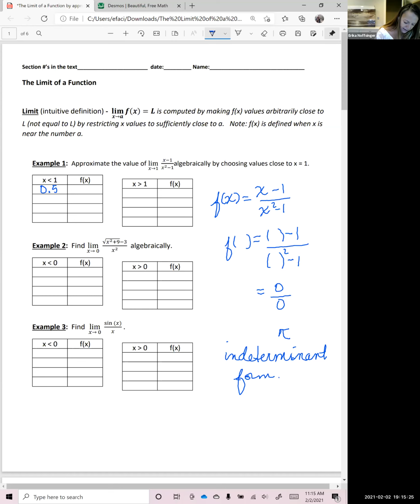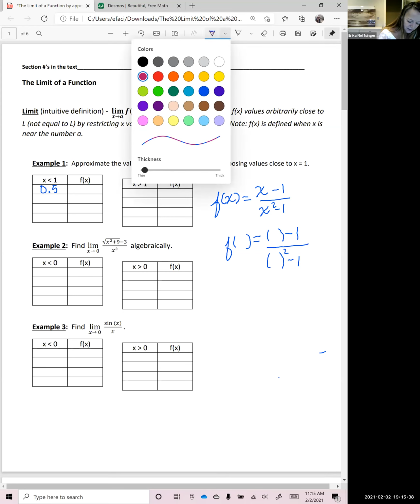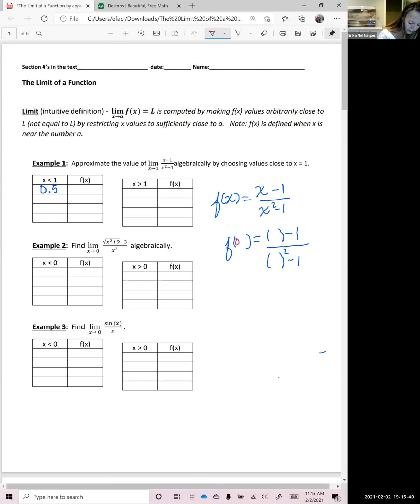So let's go back into that function. Wherever you see an x, put parentheses, and then replace inside that parentheses with a 0.5. Use your order of operations, that PEMDAS. This is where PEMDAS is really helpful. That was one of your comments in your meet and greet, I think.